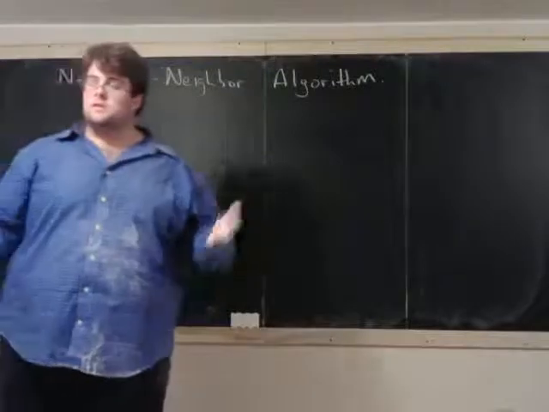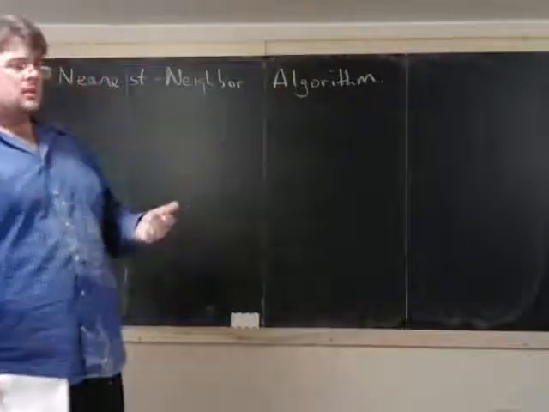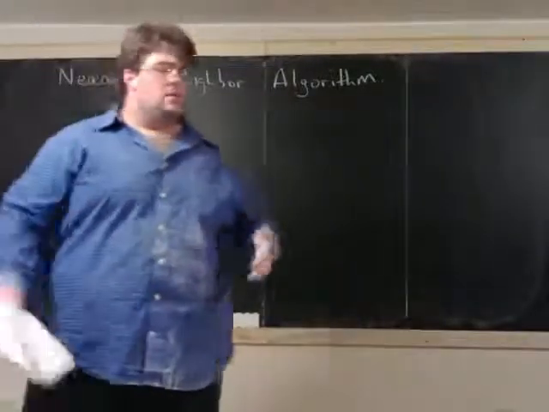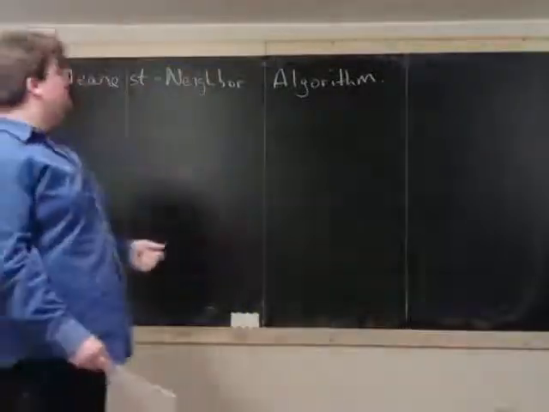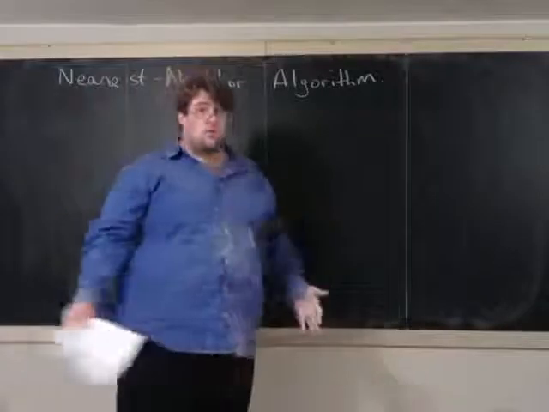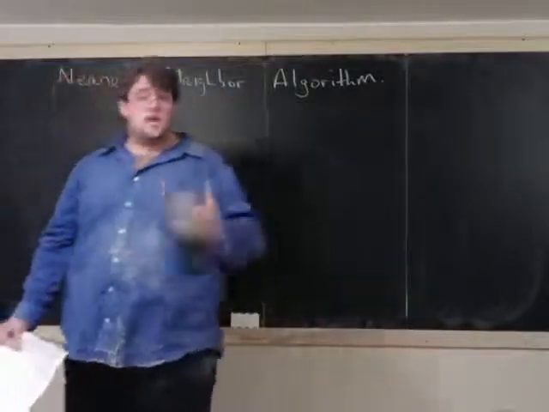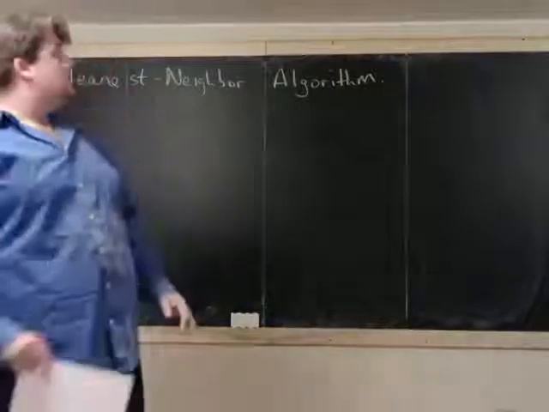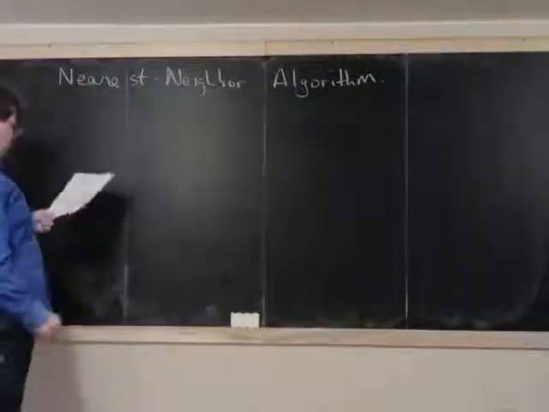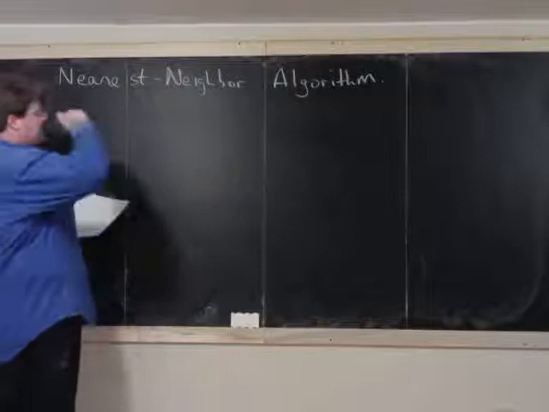Then you visit the city that's closest. Now what does that mean, city that's closest? Well, city that's closest in terms of what your costs are. So whichever in the graph would have the lowest weight, that's what you go to next. And then you keep doing that until you hit every city. So let's see how that works.